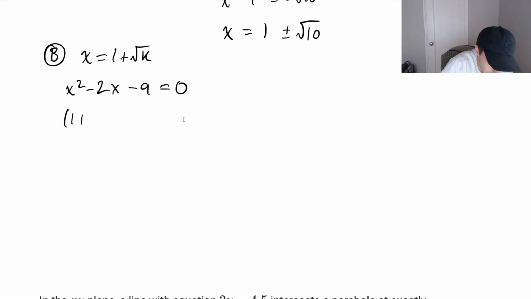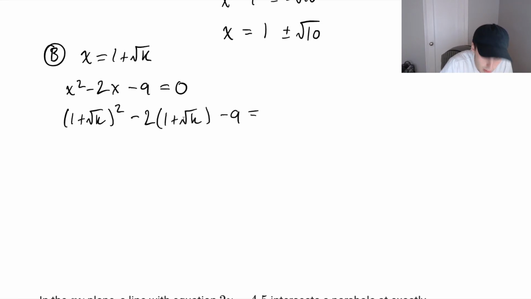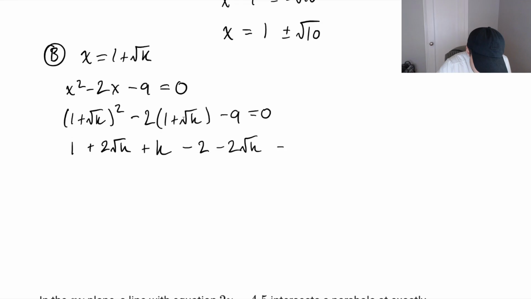So we can see we get 1 plus square root k, squared, minus 2 times 1 plus square root k, minus 9 is 0. Quick little math here. We get 1 plus 2 root k plus k minus 2 root k minus 9 equals 0. Our minus 2 root k cancels out our 2 root k.